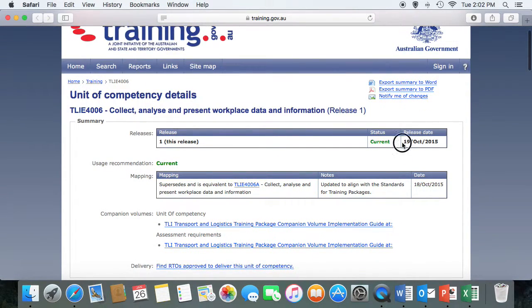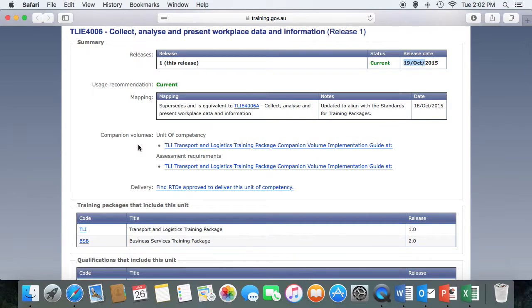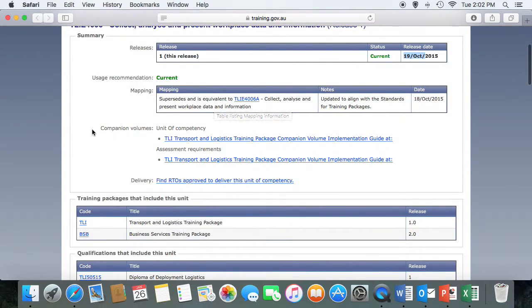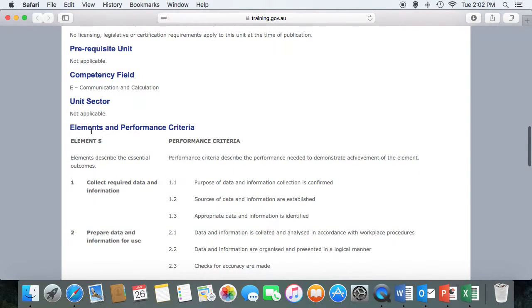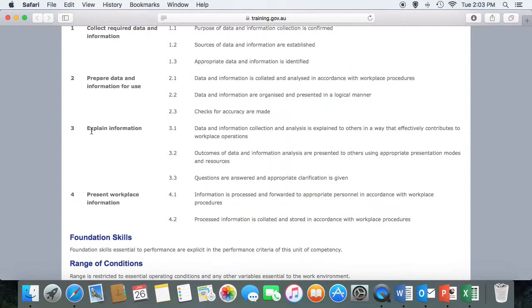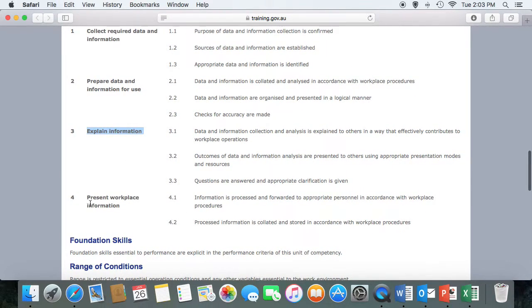Okay, that's quite a common one. That was updated back in October 2015. So this is quite a new release. Very similar to the previous one. In fact, it's equivalent to the previous unit for this course. It was part of transport and logistics. But basically, if you scroll down and take a look at the elements and performance criteria, in this particular session, we'll be taking a look at element number 3, explaining information, and element number 4, presenting workplace information.